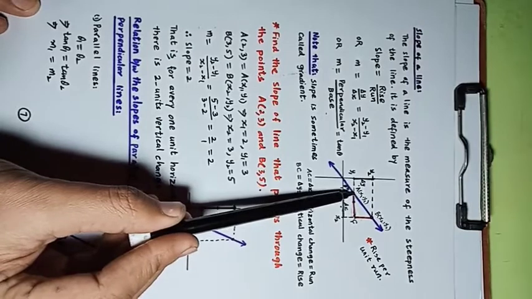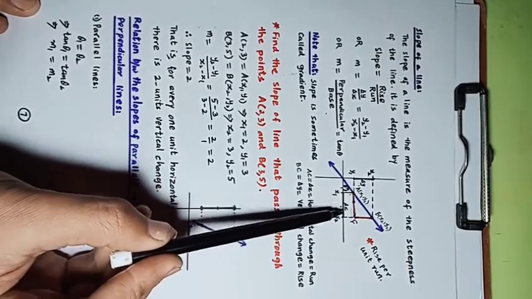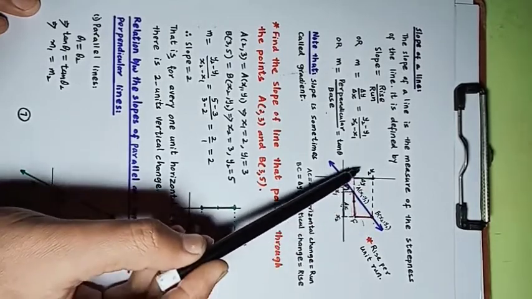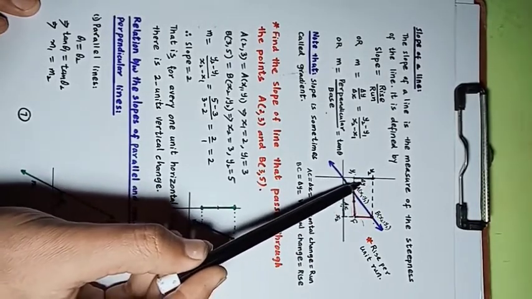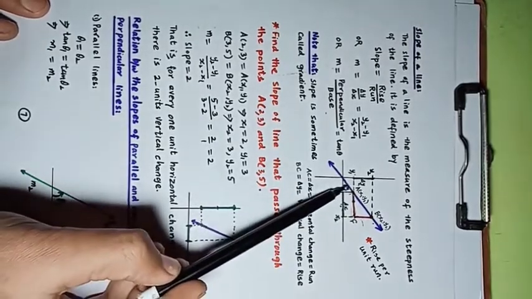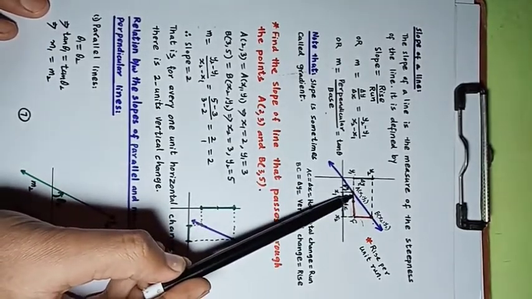We observe that AC distance is x1, x2 distance, which is delta x, and CB distance is y1, y2 distance, which is delta y. Dear students, you know that this angle and the angle at the vertex A are corresponding angles.